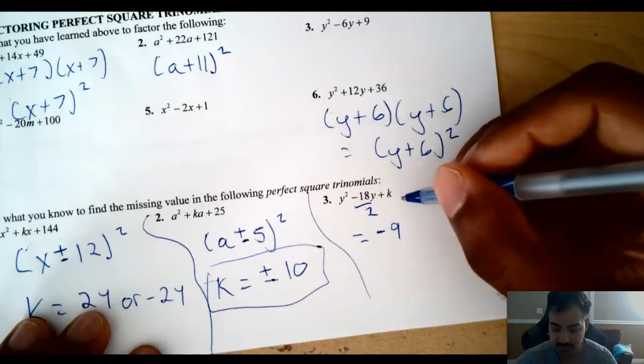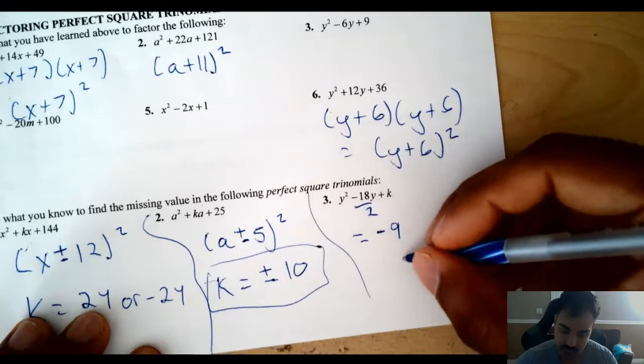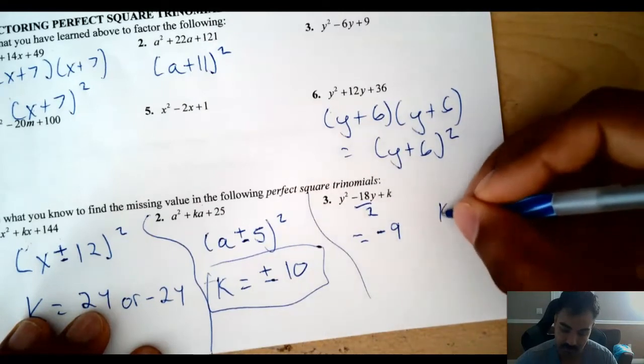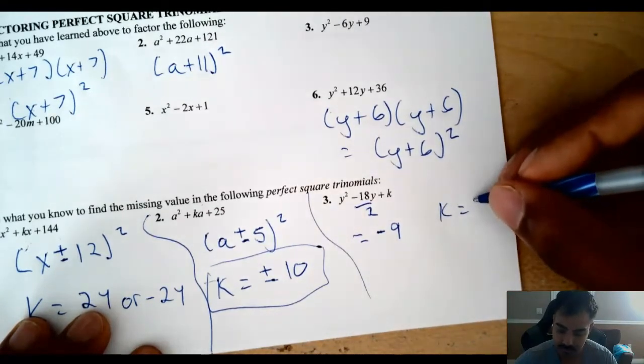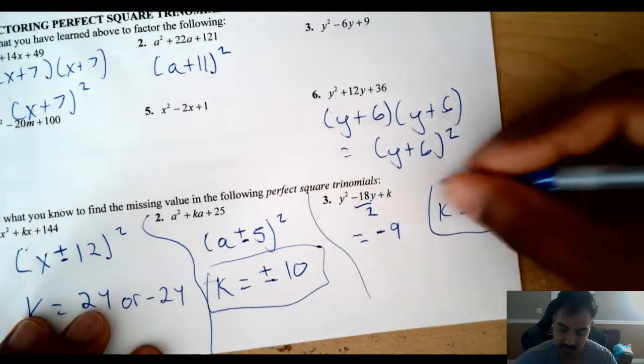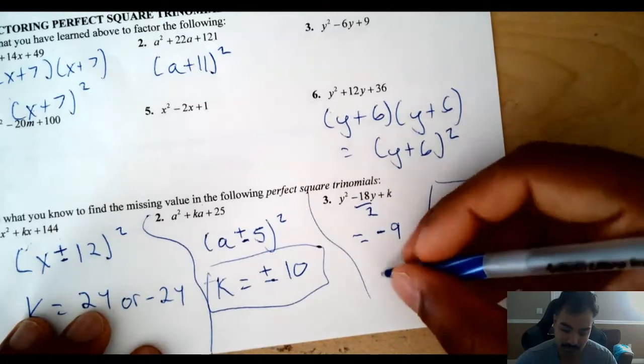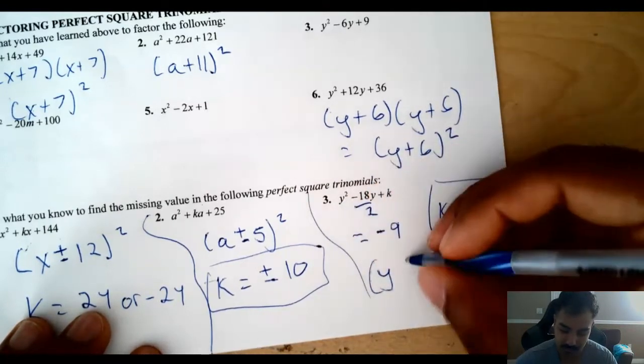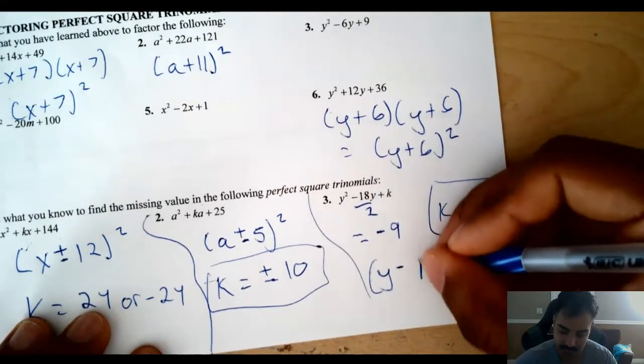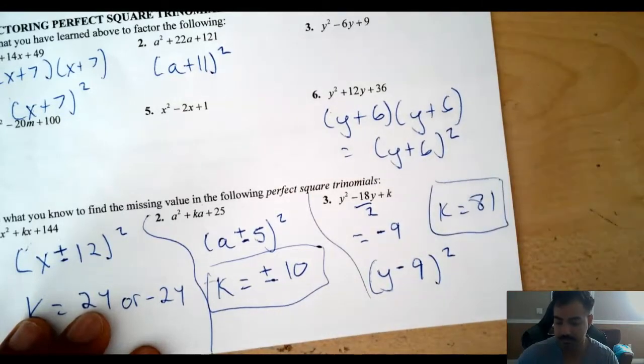So negative 9 times negative 9 gives us 81. So k is actually equal to 81, and just positive 81, because negative 9 times negative 9 is always going to be positive 81. And just to show you the binomial, it would be y minus 9 squared, right?